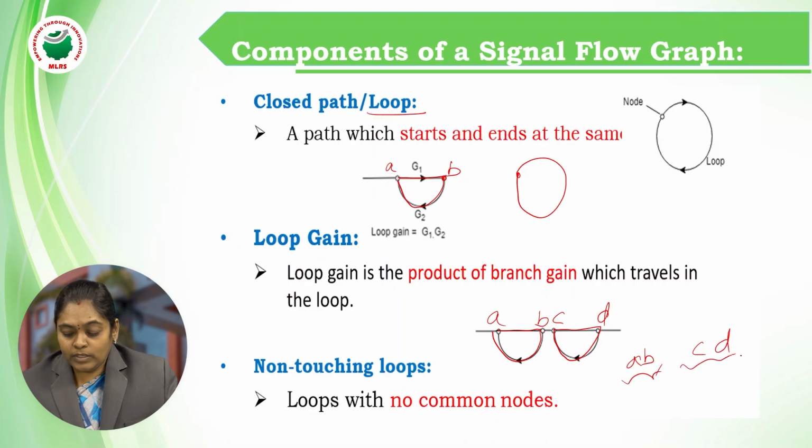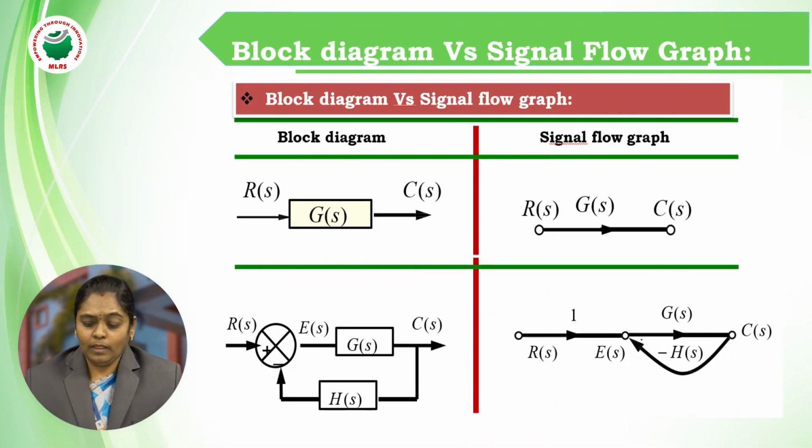But if you observe these two loops, there is no common node. So if you don't have any common node between two loops, then such loops are called non-touching loops.